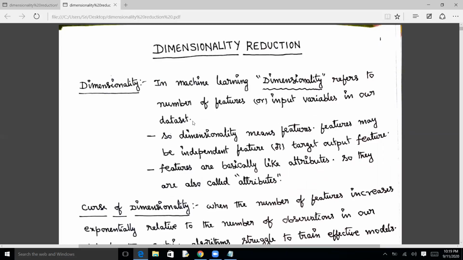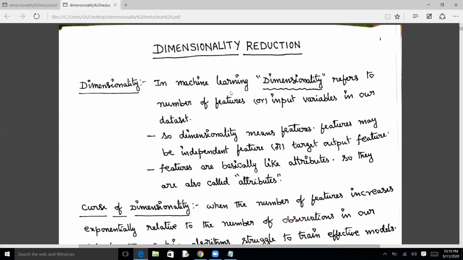In whatever data set we take, the number of input variables or number of features will be considered as the dimensionality. There are several variables present in the data set, so we consider them as input variables.